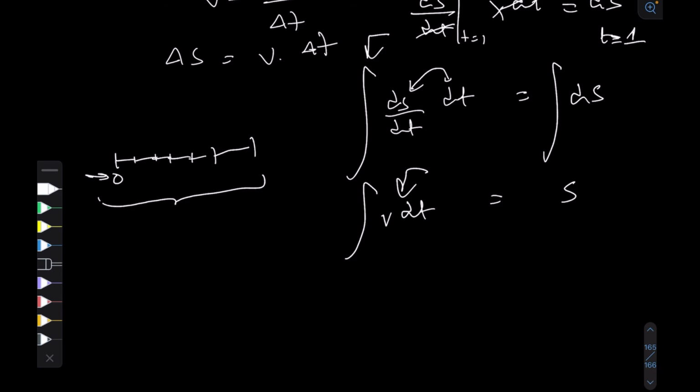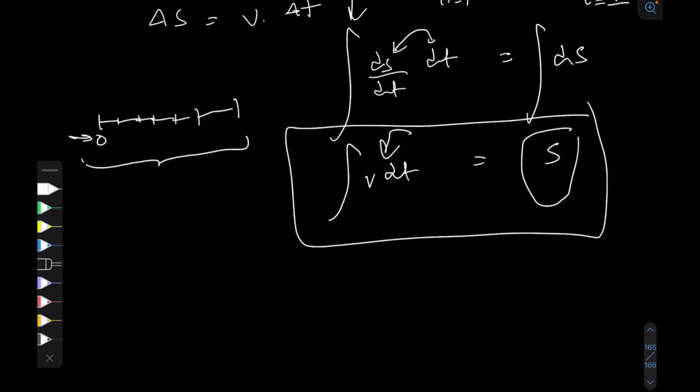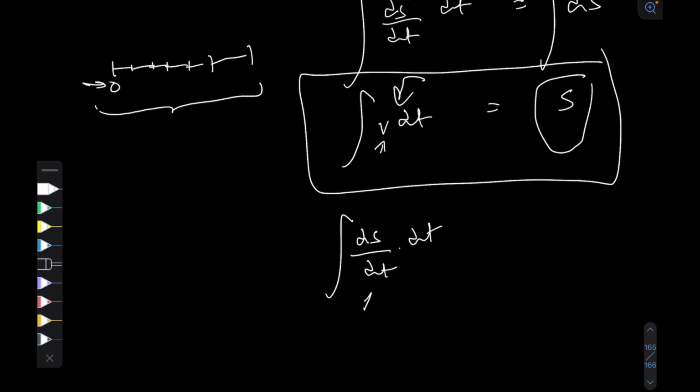So the sum of all the changes in s will just give me s. This sort of makes sense why integrals and derivatives would be opposite. Because if I did not convert it into v, v could be written as ds/dt multiplied by dt. The v is actually the differential, so the dt's would cancel, and this is why these would be equal, so s would equal s.